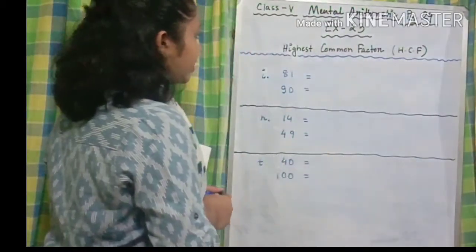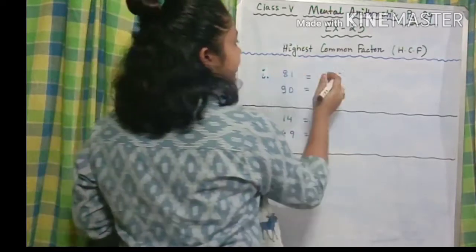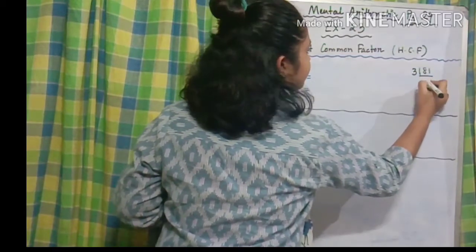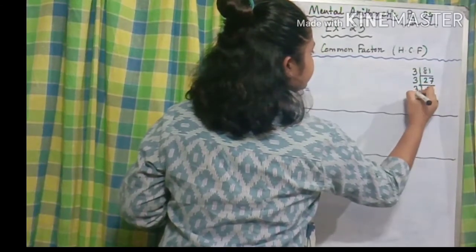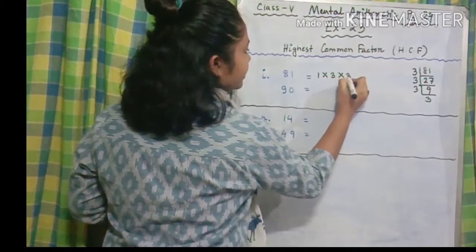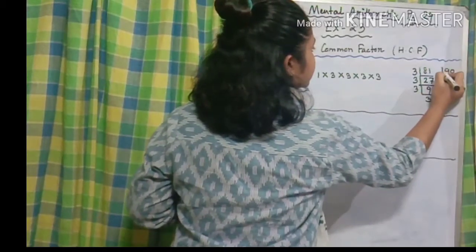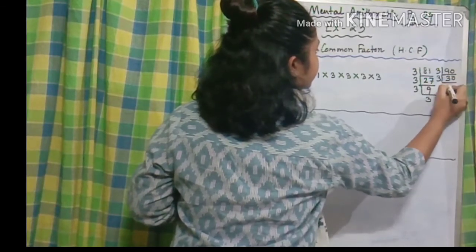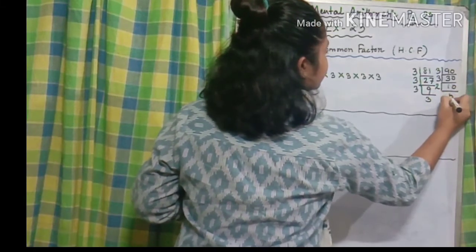Coming to the next set of numbers, that is I, N and T. Now we are going to split 81. So here 1 into 3 into 3 into 3, another 3. Now split 90. 3 3s are 9, 3 10s are 30 and 2 5s are 10.